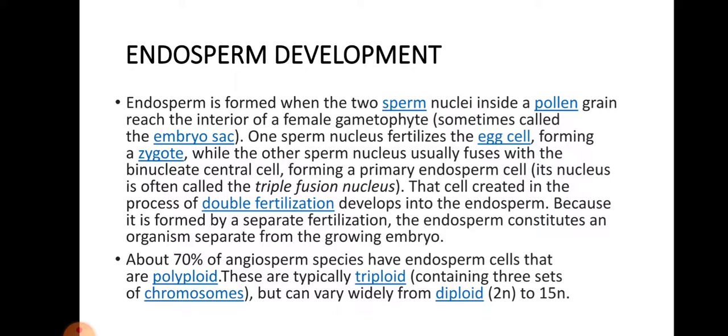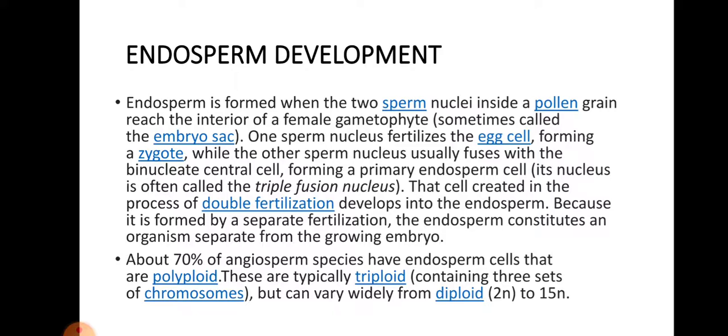Because it is formed by a separate fertilization, the endosperm constitutes an organism separate from the growing embryo. About 70% of angiosperm species have endosperm cells that are polyploid, typically triploid, containing three sets of chromosomes, but can vary widely from diploid, that is 2n, to 15n. So the endosperm is produced from double fertilization.